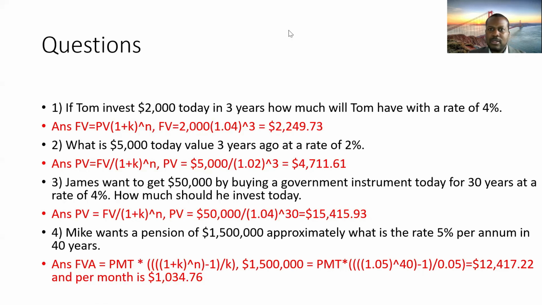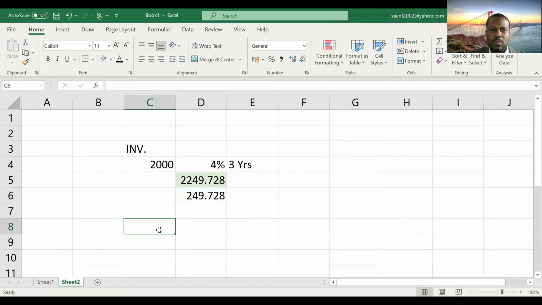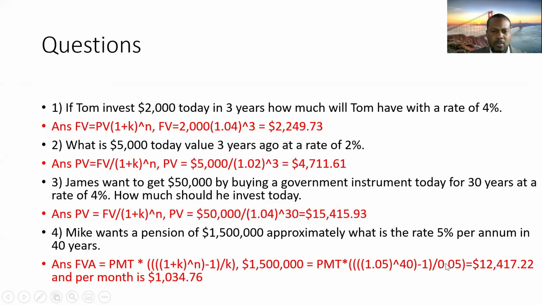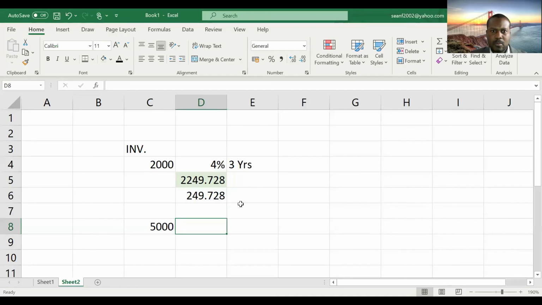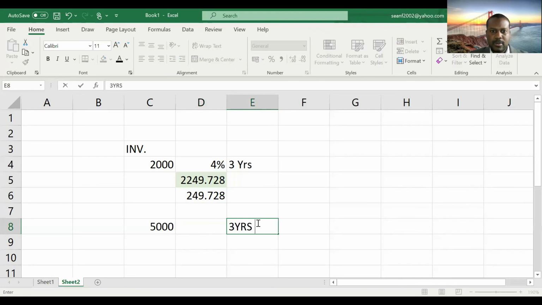Let's go and use share screen. 5,000, 3 years and 2%.